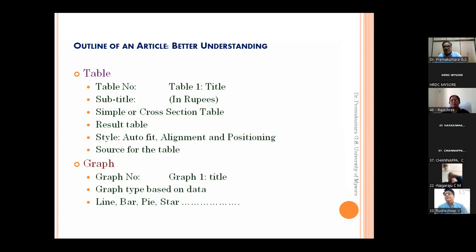As I am part of many editorial boards, we reject articles just because of the table. They don't know how to present the table in the article. So the positioning of the table is very, very important, and also the sources for the table. And if you present a graph, give a graph number, and let it be very simple.